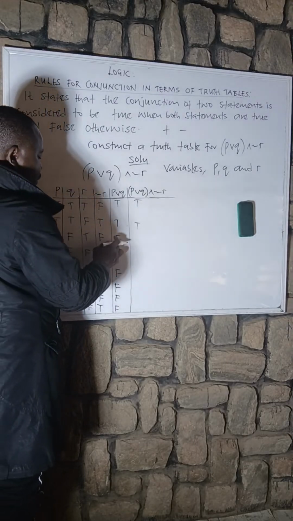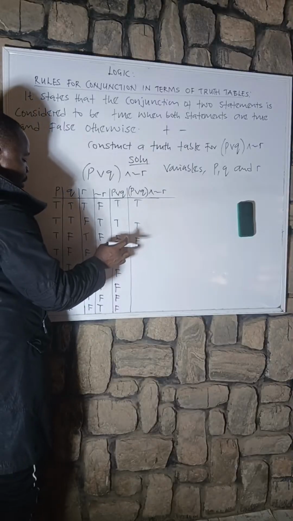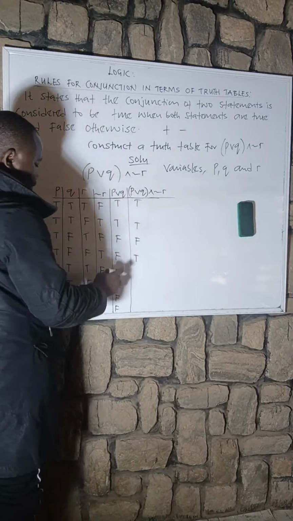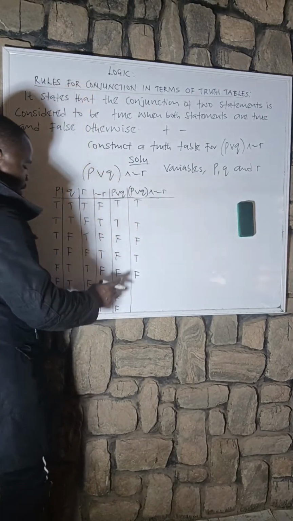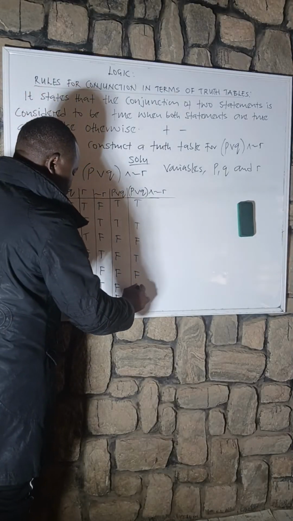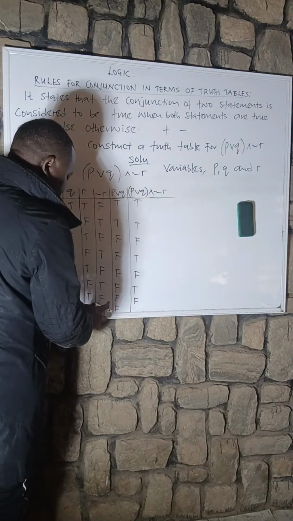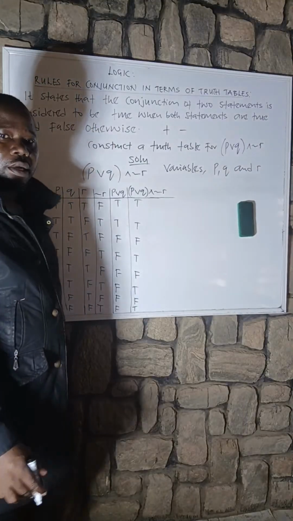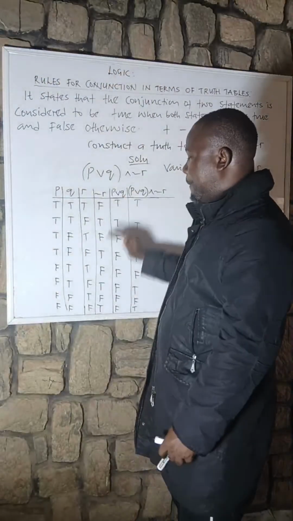Here, false, false, you write F. Here, true, false is true. False, false, false. True, false is true. So this is how it's supposed to be.